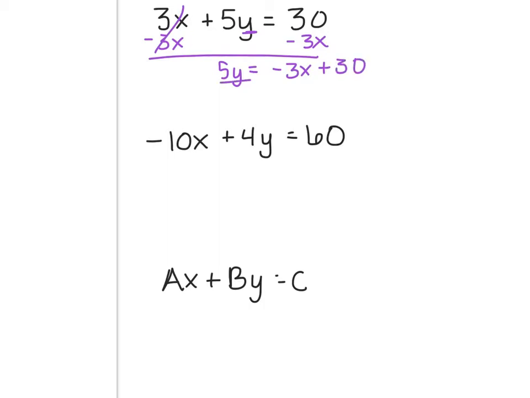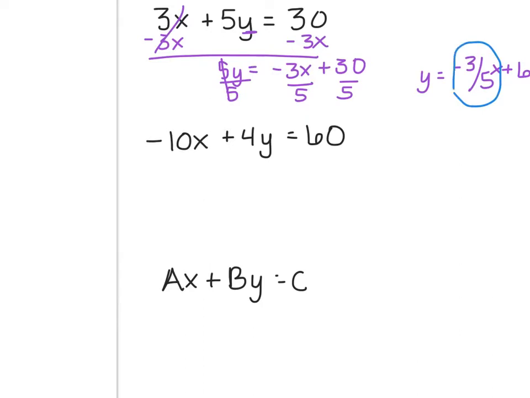And then I'm going to divide everything by 5. So I end up with y equals negative 3/5 x plus 6. Run out of space there. Okay, there we go. Slope-intercept form.